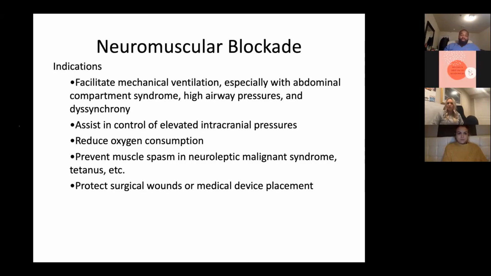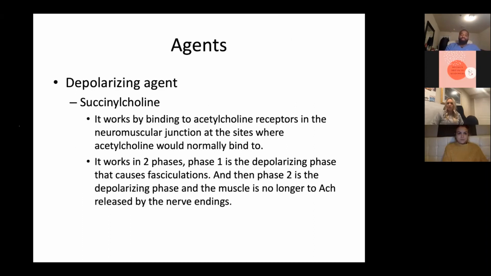People can be fighting the ventilation and you want to block that. So you can give paralytics to help increase the oxygen delivery that the patient should be getting, because sometimes that can be counteracting what you're doing. So sometimes you need to paralyze them. So you have a depolarizing agent, succinylcholine.